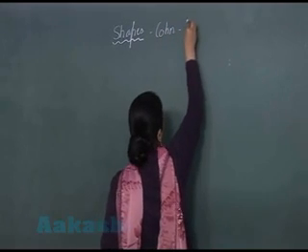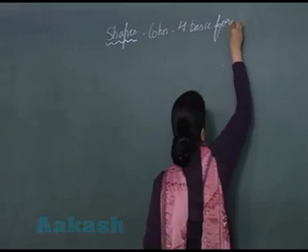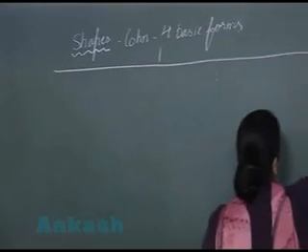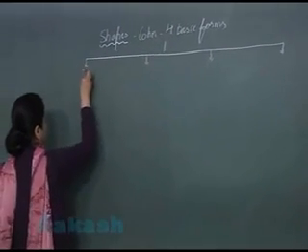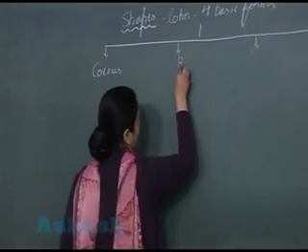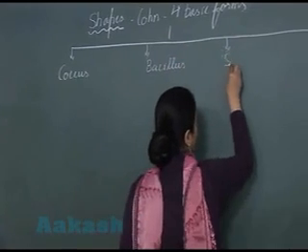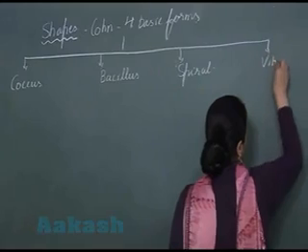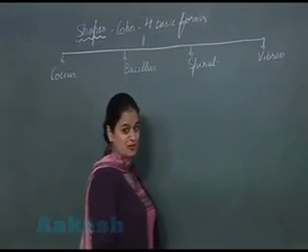So I am going to write the names of these 4 forms: Coccus, Bacillus, Spiral and Vibrio. So these are the 4 basic shapes of the bacteria.